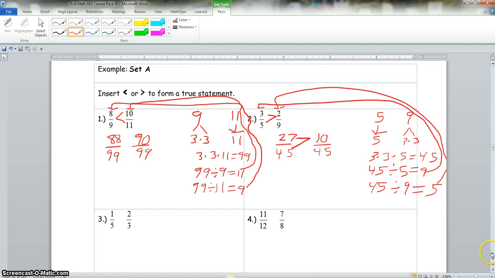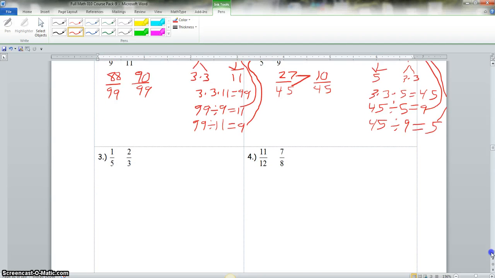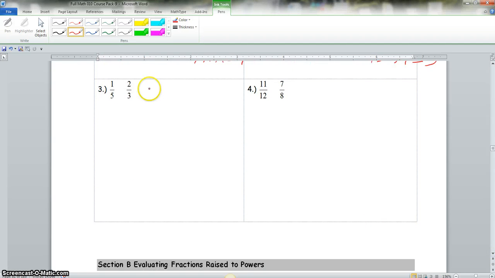Okay, now we scroll down here to problems 3 and 4. Again, we find a common denominator. We have 5 and 3. Both of them are prime. So we'll multiply them, and our common denominator is 15. Now we take the new divided by the original. 15 divided by 5 is 3.